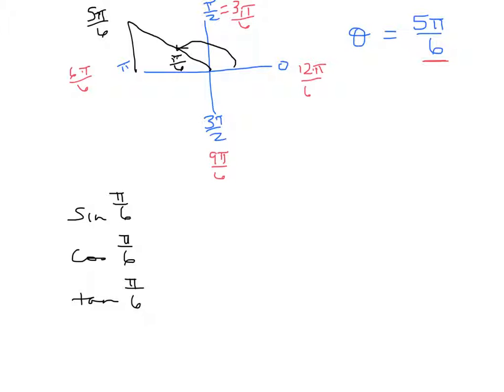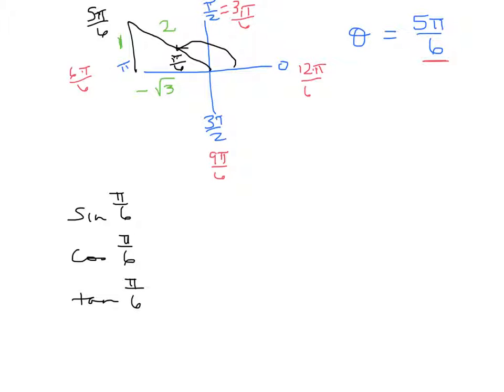So let's recall what the sides opposite and adjacent and hypotenuse are for these triangles. So if I have pi over 6, the side opposite that is 1, this hypotenuse is 2, and the side adjacent is square root of 3. This is in the second quadrant, so this happens to be negative.